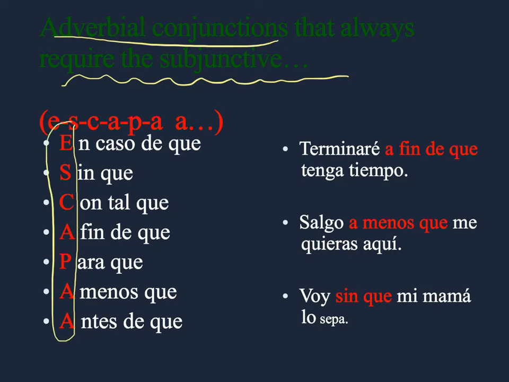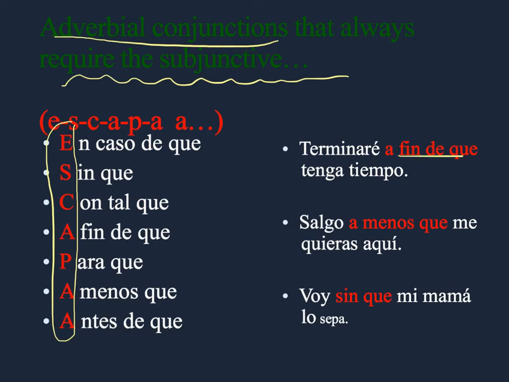Escape to. All right, so the first being en caso de que. En caso de que means in case, and it is always followed by a verb that's in the subjunctive mood. Sin que means without, always followed by a verb in subjunctive mood. Con tal que, provided that. A fin de que, provided that. Para que, so that. A menos que, unless. Antes de que, before.